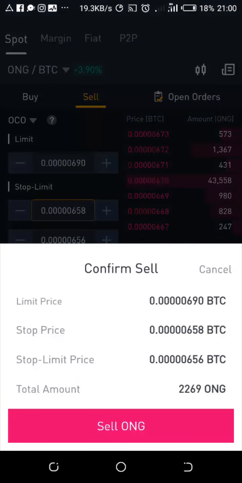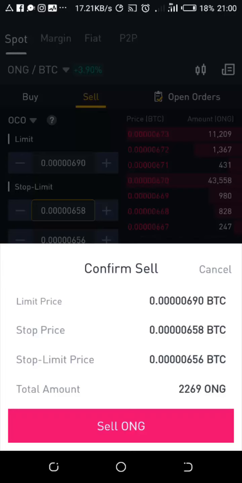So to confirm, the limit price is 690 satoshi. The stop price, which we call the trigger price, is 658 satoshi, and then the stop limit price is 656 satoshi.